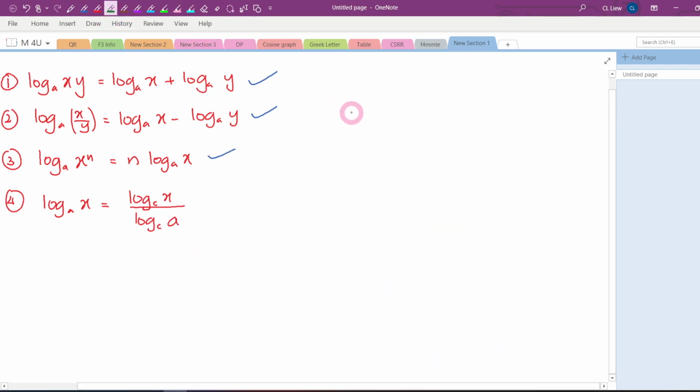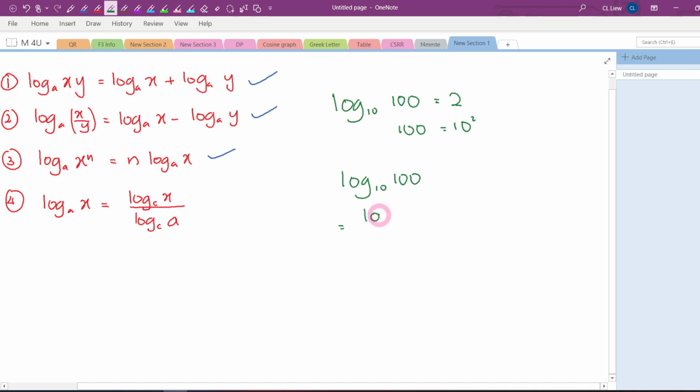Now I want to prove that log base a of x is equal to this. You can change to other base. Let me show you. Let me use base 10 first. Let's say log base 10 of 100 is actually equal to 2, right? Because 100 is equal to 10 power 2, right? Let's say I want to change the base to 2.